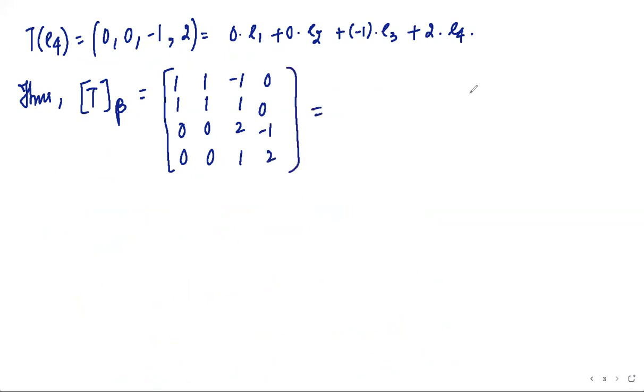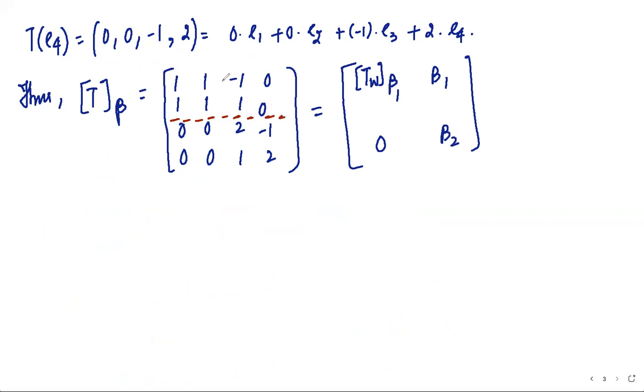Therefore, this can be partitioned: this is the matrix of TW related to basis beta 1, let's call this B1 and this B2. So we have partitioned the matrix along this line and along this column.